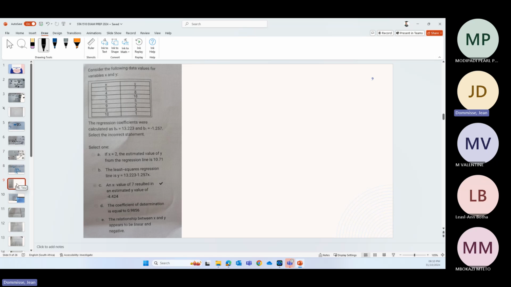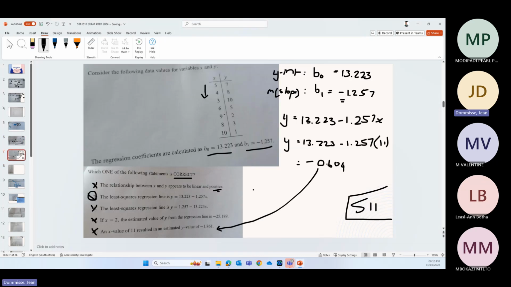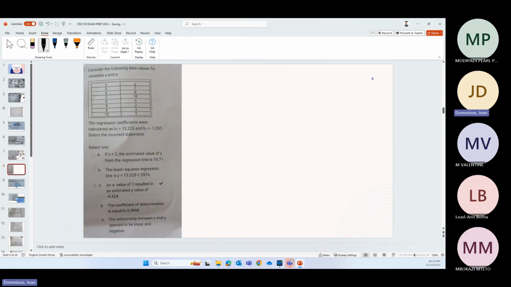So let's compare those two with one another. It's exactly the same data that was given to you, so they just have a few different options to it. This time probably by asking for the incorrect one.